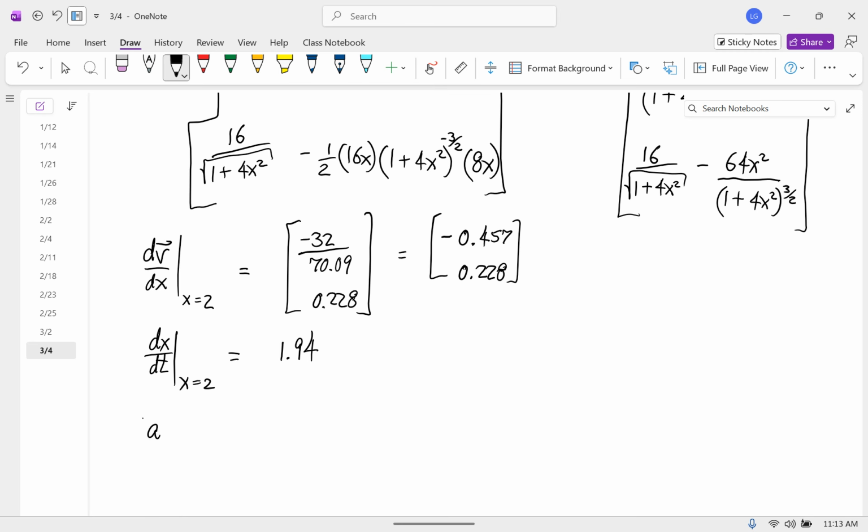And so the acceleration at x equals 2 is equal to negative 0.457, 0.228, all times 1.94.